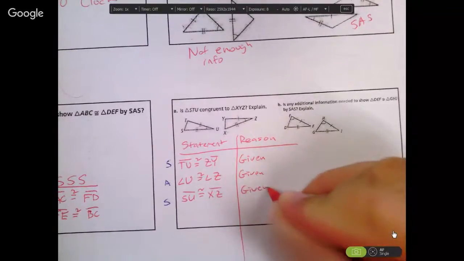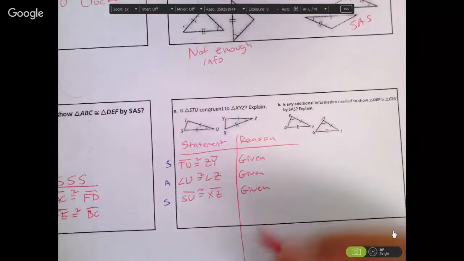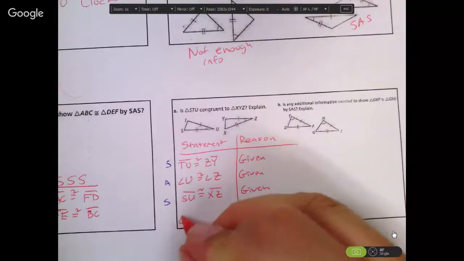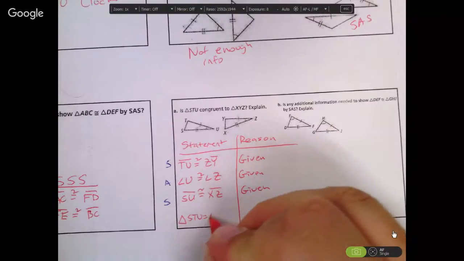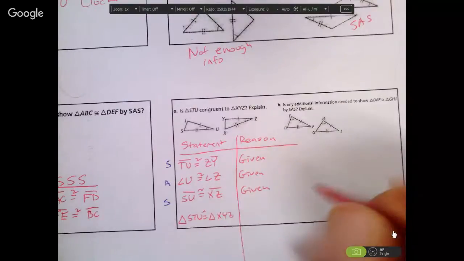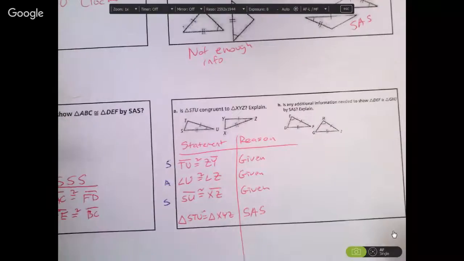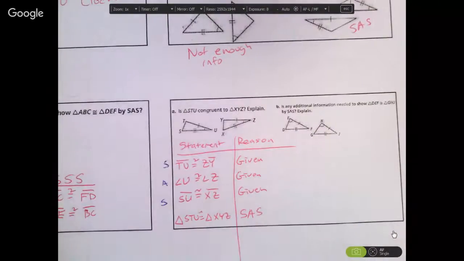So they told us all this information. And then it's the CPCTC. That tells me that their parts are congruent. What tells me that triangle STU is congruent to triangle XYZ is side, angle, side. It doesn't ask for anything about the parts.